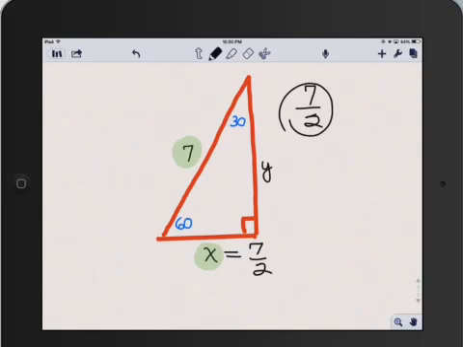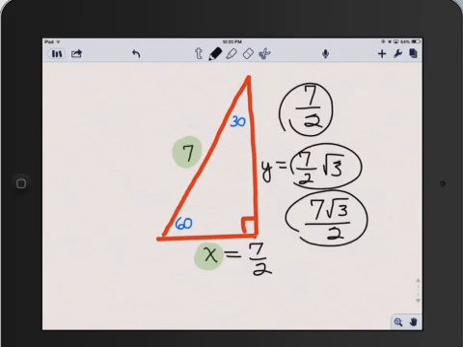Now that can be written as 3.5. We'll leave it as 7/2 because the value for y, the longer leg, is that number times the square root of 3. Now sometimes that will be written as 7 times the square root of 3 over 2. Either one is fine.